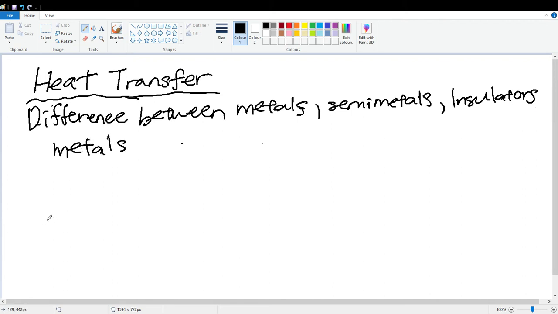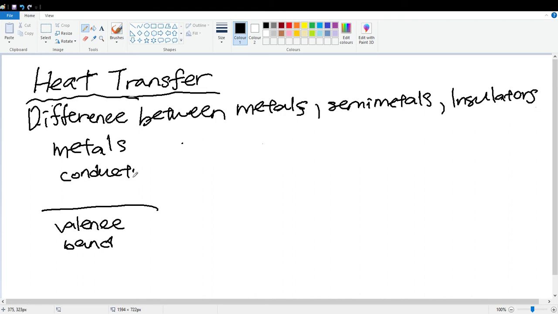We have two bands: the valence band and the conduction band. Initially, when heat is not supplied, the electron is inside the valence band, meaning inside the electron shell.